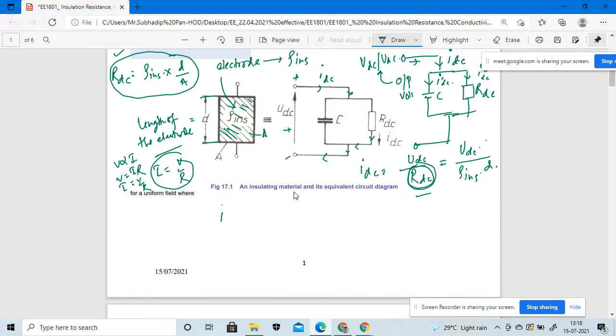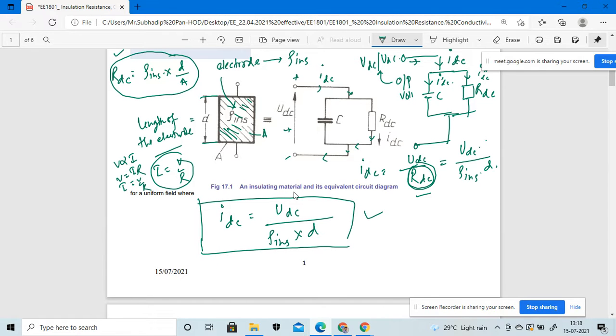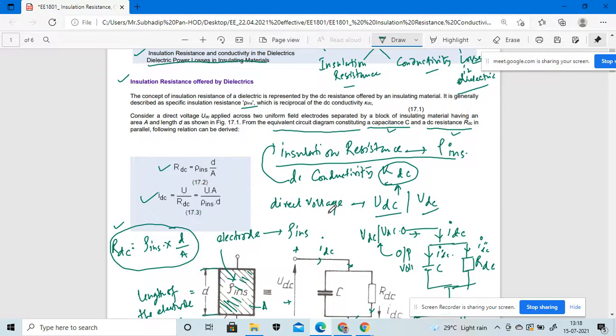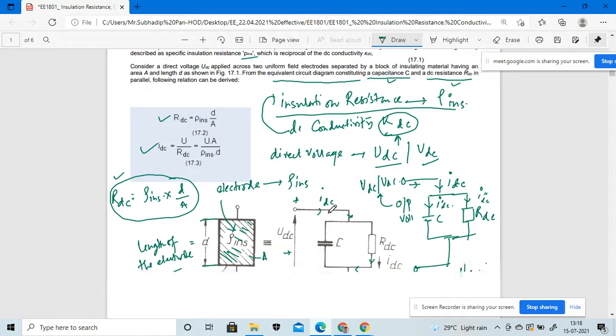IDC is nothing but U of DC divided by rho of ins, the insulating resistance, into d. This equation is very important for describing liquid dielectrics and the insulating resistance offered by various dielectrics, right?